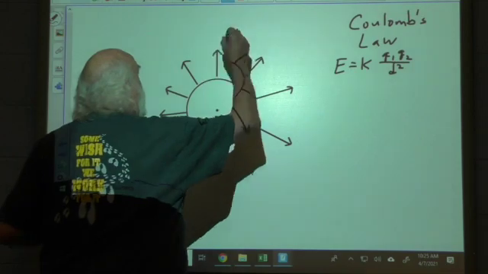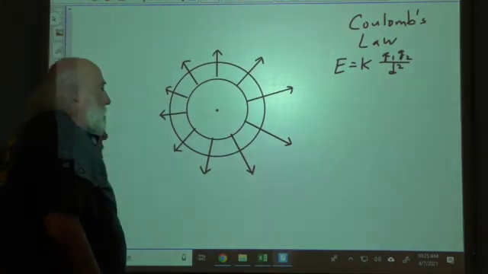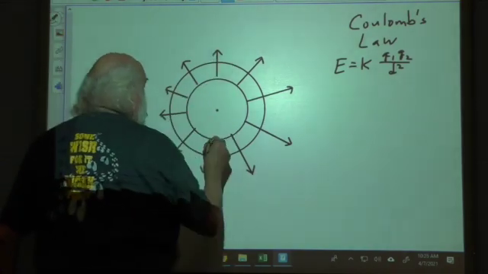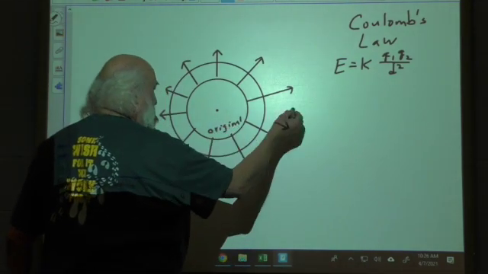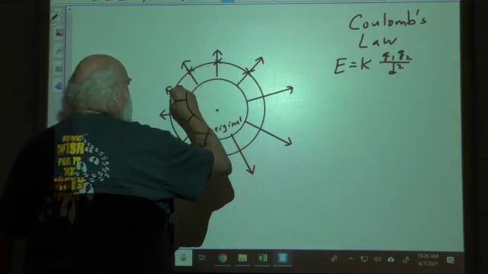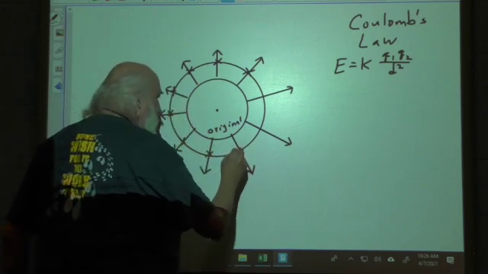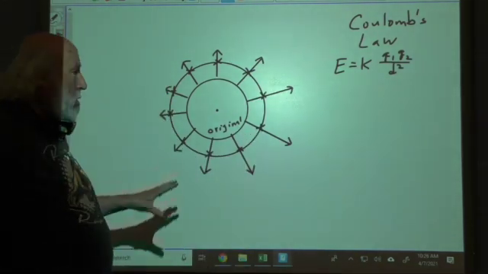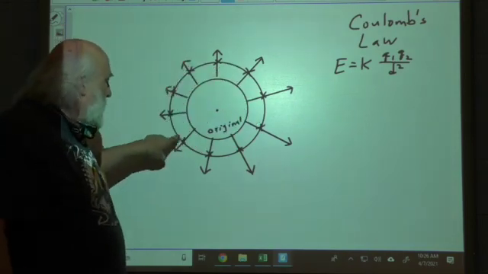If we were to get farther away from this, like so, the new point that I've shown here, where this is the original right here, and this is the new one right here, if we took a look at every point, measured the electric field, shall we say, also could say the amount of force coming off at those points, it is going to be weaker than what was right here, but these are all going to be equal.